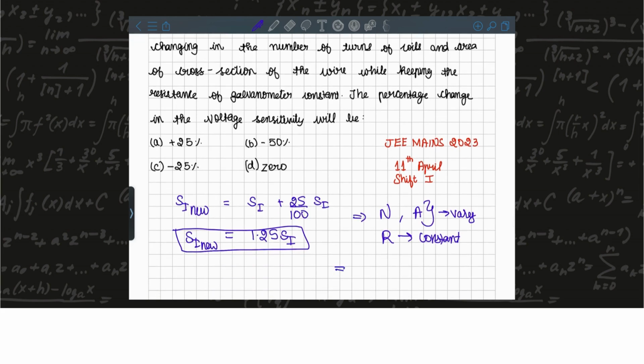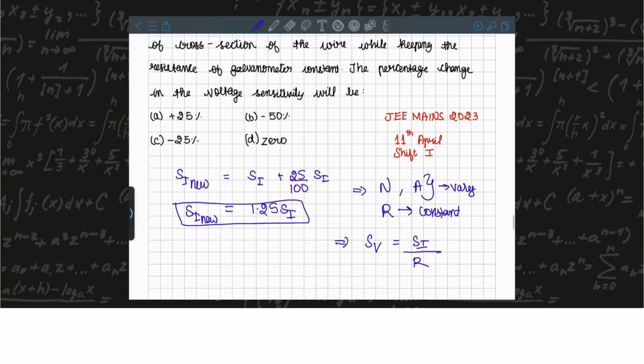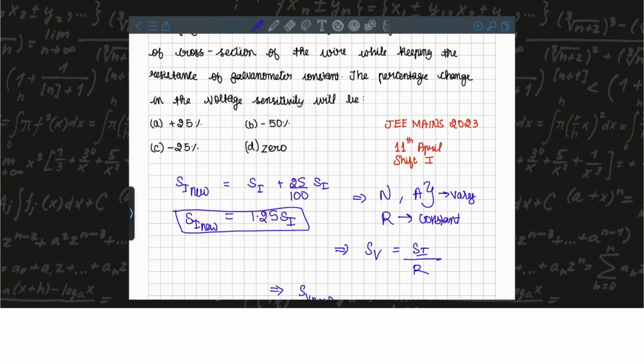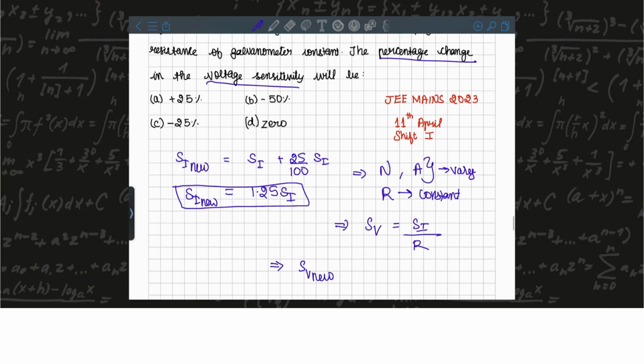So we know that SV is equal to SI divided by R, or I can write according to this question as SV new, because we have been asked to find the percentage change in the voltage sensitivity. So SV new is equal to SI new divided by R new. No, it's not R new, it's just R.